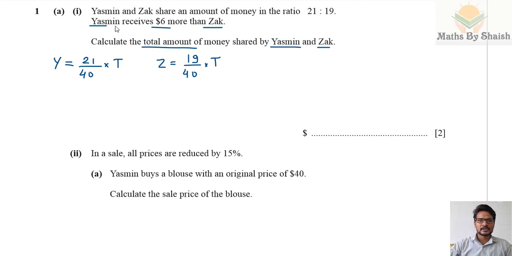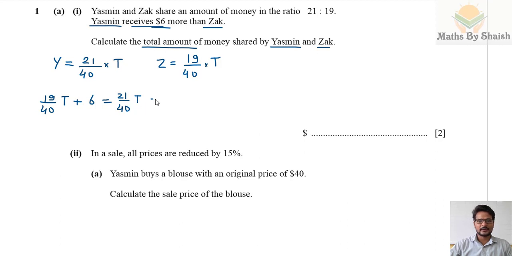According to this, it is given that Yasmin receives $6 more than Zach. If I substitute it here, this is going to be 19 over 40T plus $6 is the same as 21 over 40T.